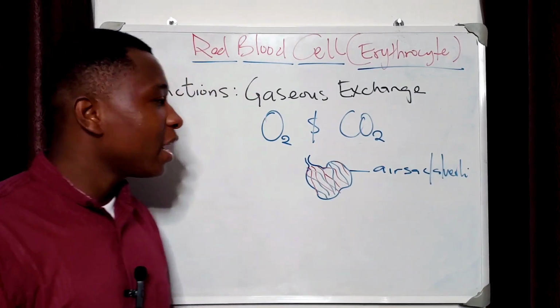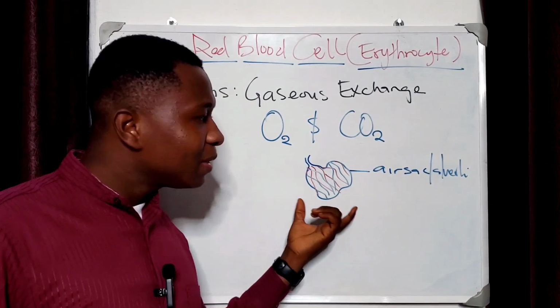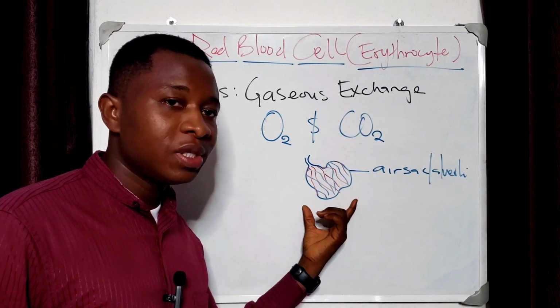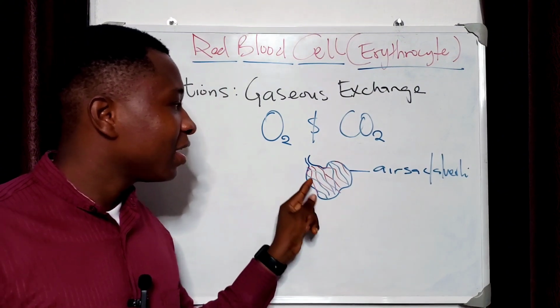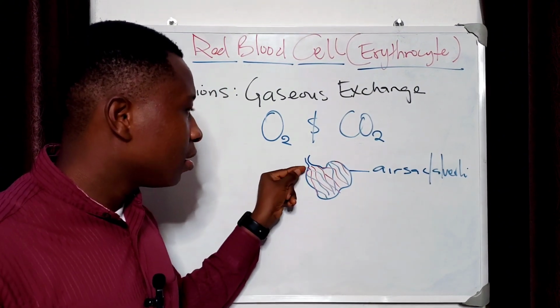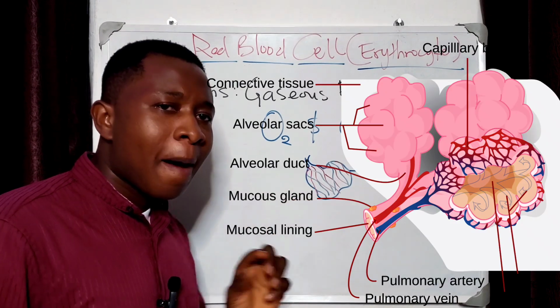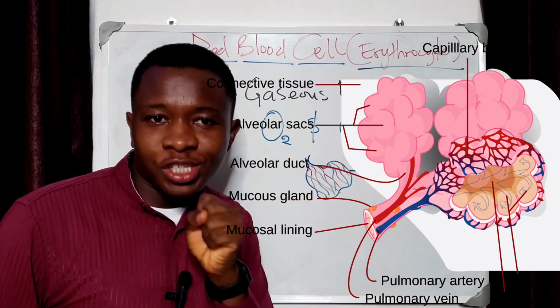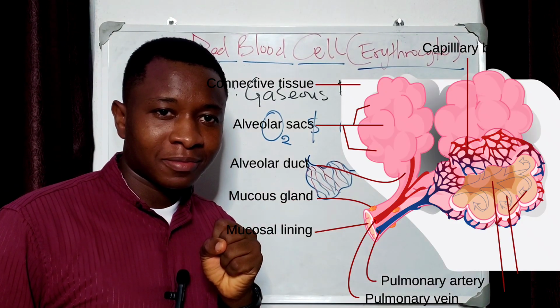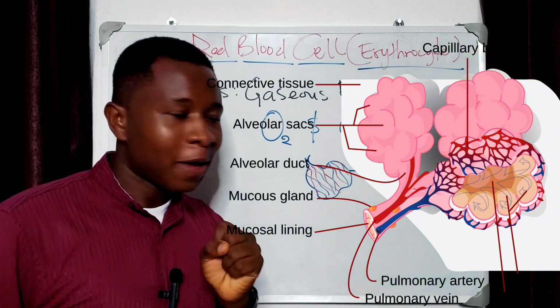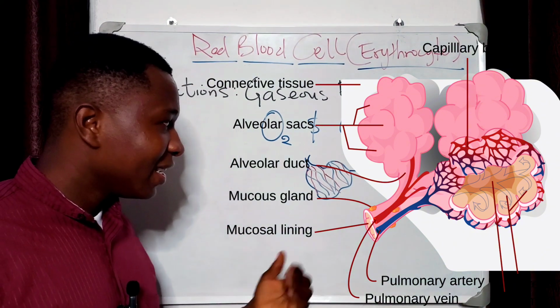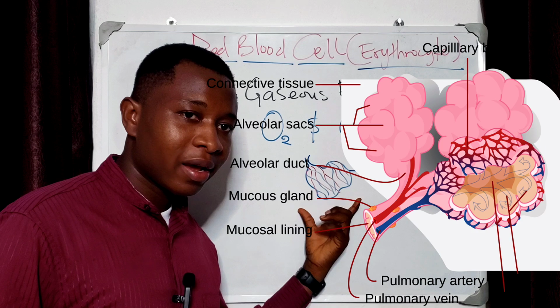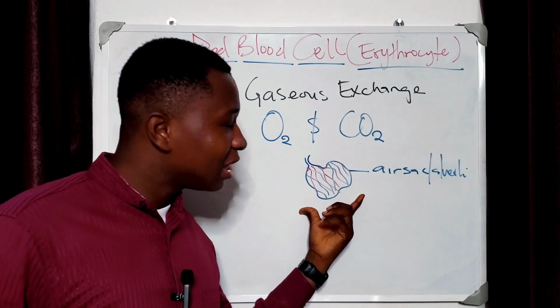So when oxygen gets into this part of the lungs, which is the alveoli, what happens is that the red blood cells in the capillaries begin to bind the oxygen molecules. I hope you get that. You breathe in, it gets to the alveoli. The oxygen now gets to the alveoli.